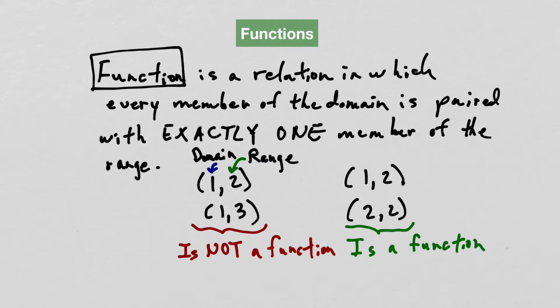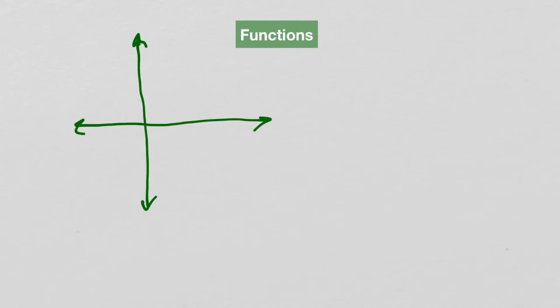Okay? If that doesn't make any sense, then there's a third way for you to understand this, and it's in graphical form. Let's suppose we have a graph like this, and this is your y-axis, x-axis, and let's say we have a line like this.